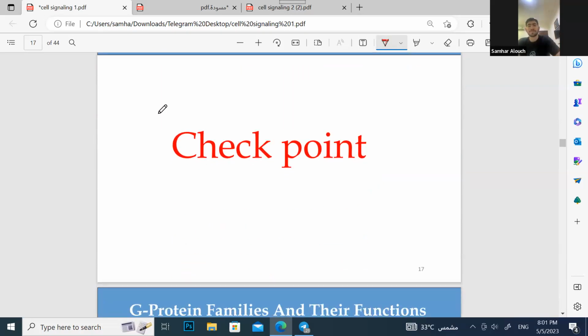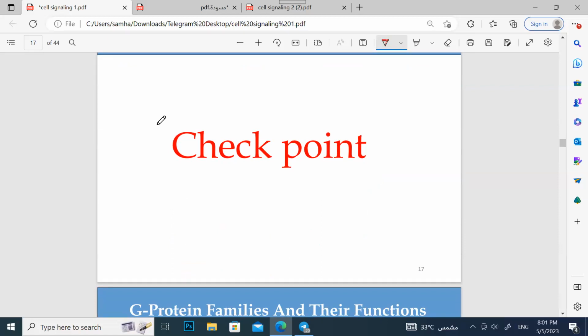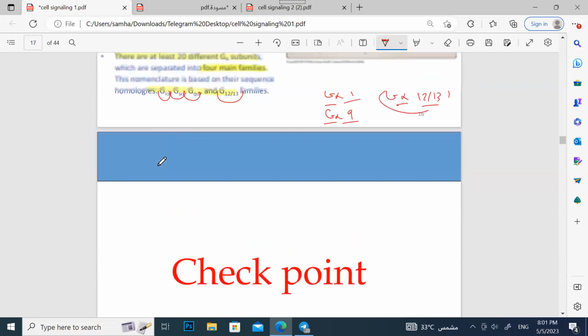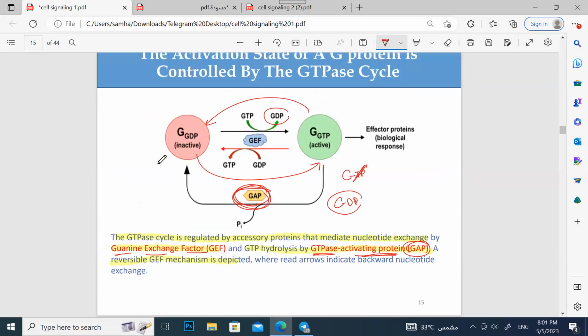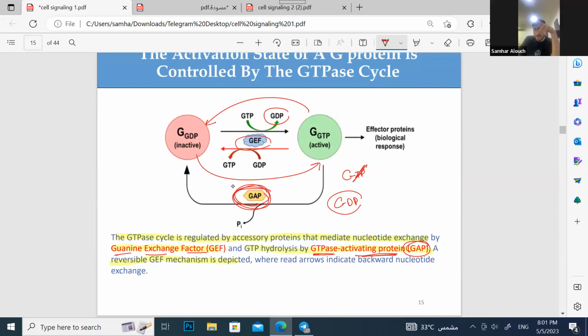So, everything clear? I just have one question. Yeah, go ahead. You said GEF activates and inactivates the GTP, and GAP just inactivates. When does GAP work and when does GEF work? Or is it just whenever one of them is there? Both of them work to inactivate, but GEF is not enough because GEF is actually busy with activating.